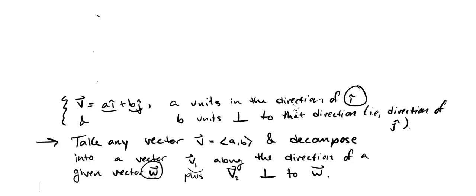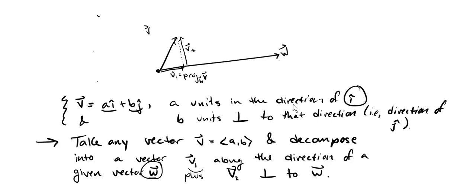The way I think about this is take your v vector and your w vector, place them tail to tail. That's that v1 vector called the projection of v onto w. And this is the v2 vector perpendicular, so that when you add v1 and v2, you get back your original vector v.